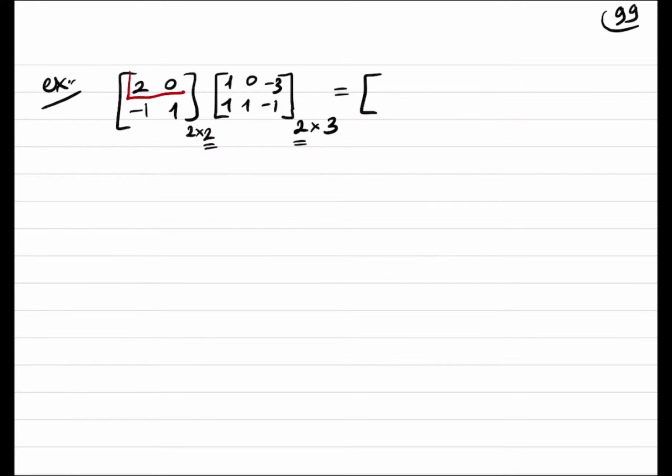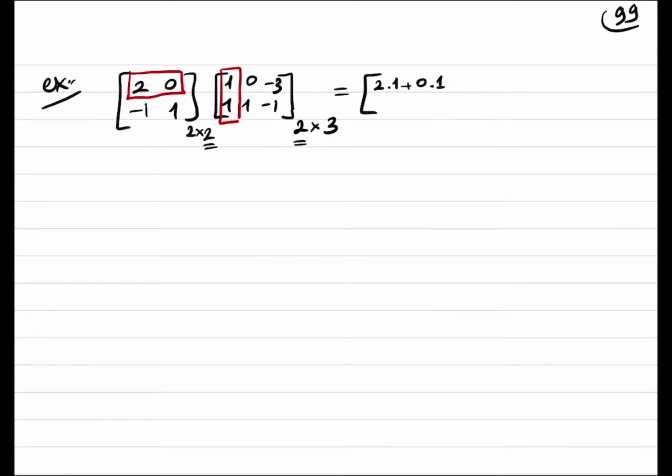So what we are going to do is multiply the first row of A with the first column of B. So here we have 2 times 1 plus 0 times 0, and then we write here.